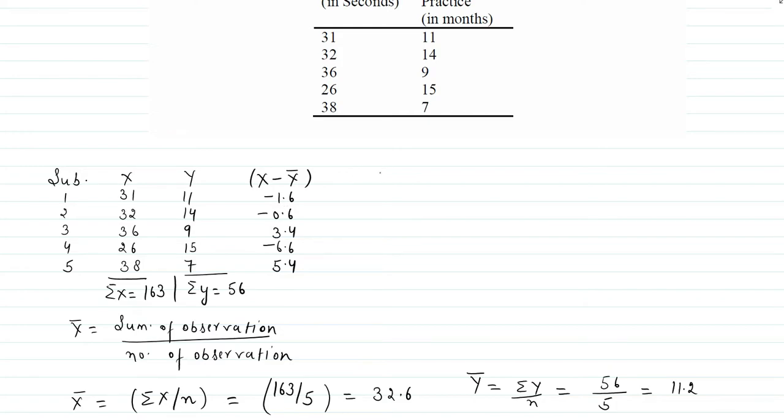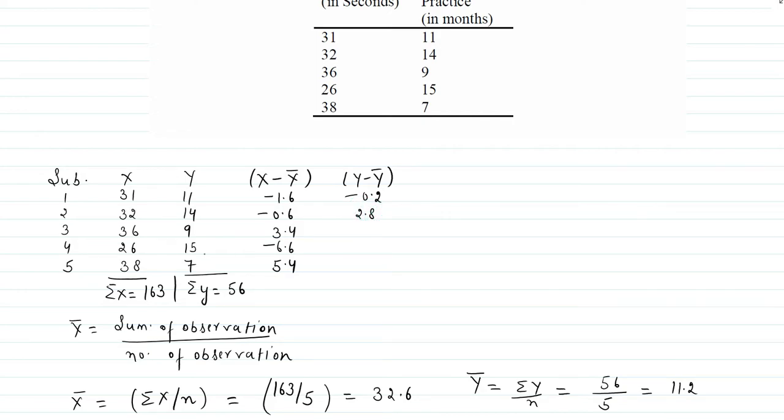Next is y minus y bar. As we found x minus x bar, in the same way we find y minus y bar, where y bar, the mean, equals 11.2. Now 11 minus 11.2 is minus 0.2. Now 14 minus 11.2 is 2.8.